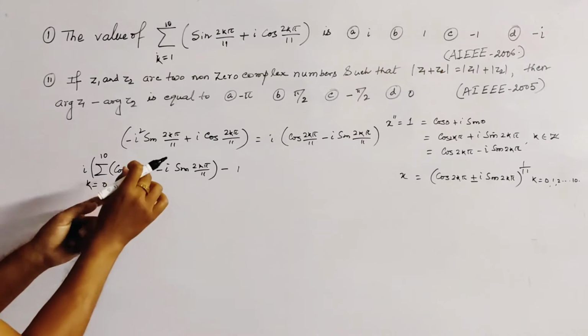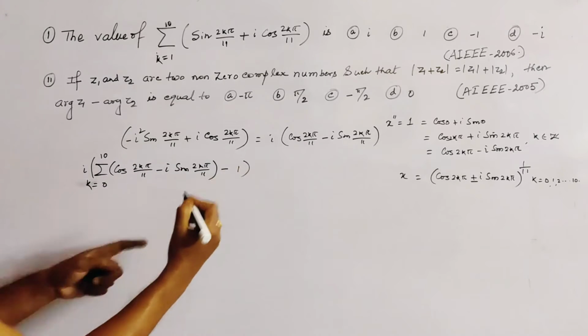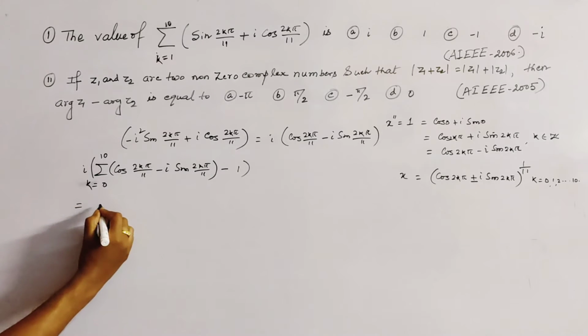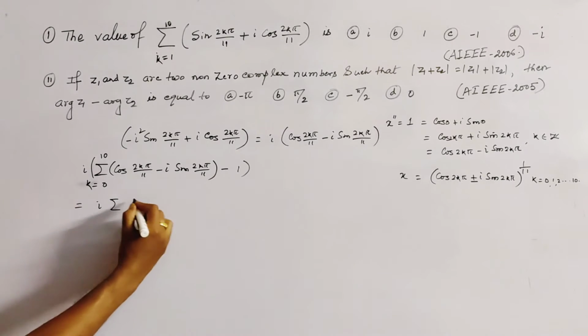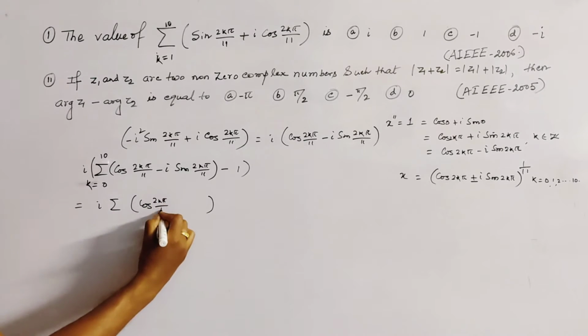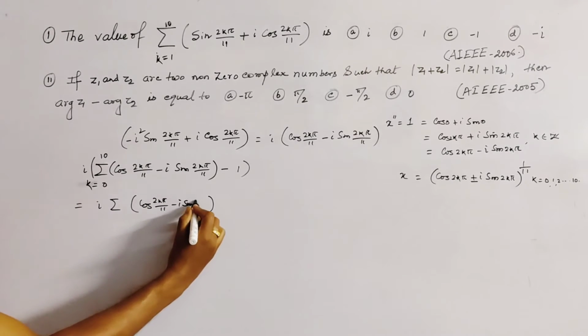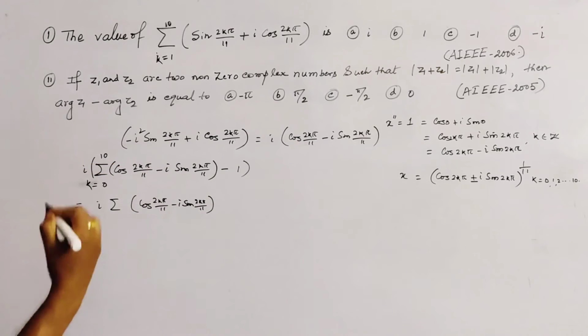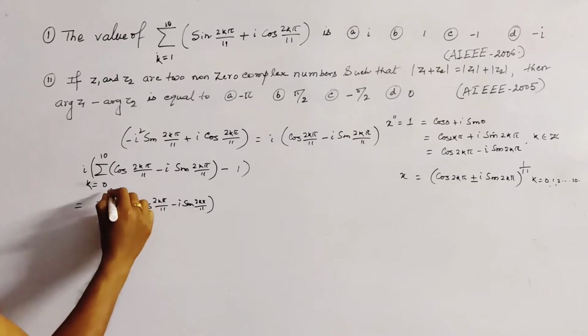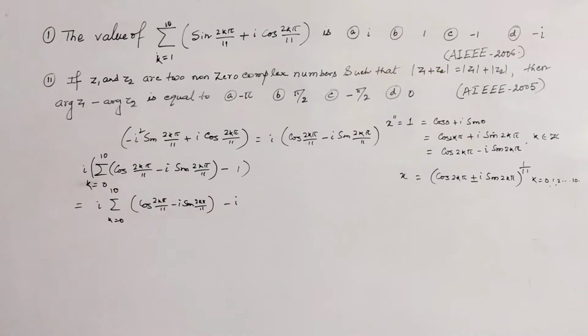So we add an extra term 1 and subtract it here. Our result is i into the summation of cos 2kπ/11 - i sin 2kπ/11, k equal to 0 to 10, minus i.